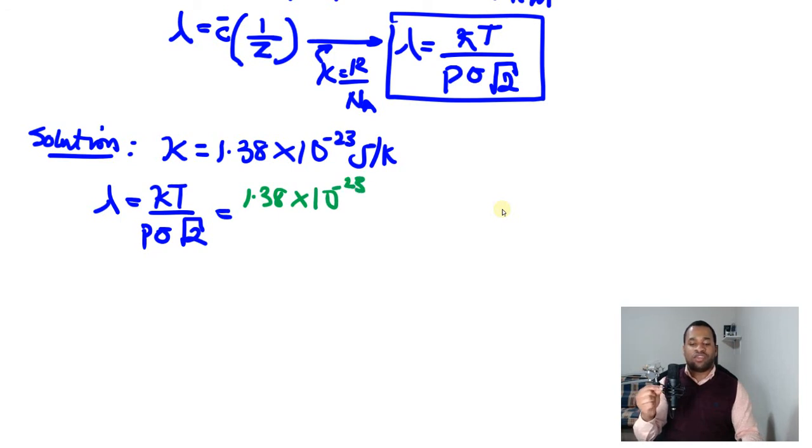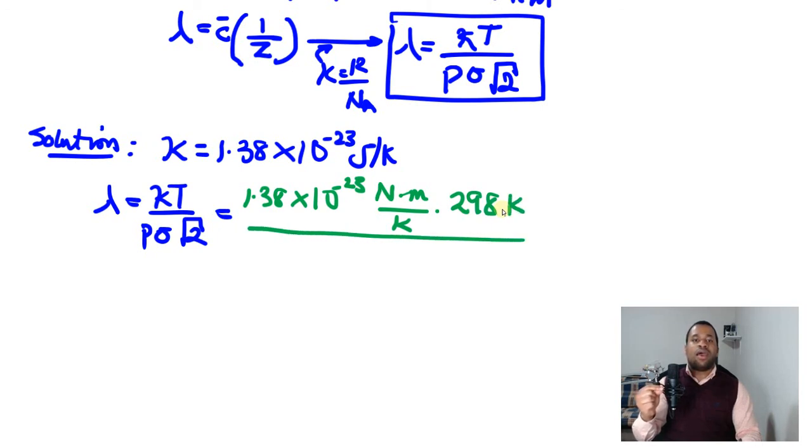Take note that joules is expressed as newtons times meter, divided by kelvins, and this is multiplied by our temperature, which is 298 kelvins, and all divided by our pressure, which in this case is 1519875, where the unit of pressure is represented as pascals.